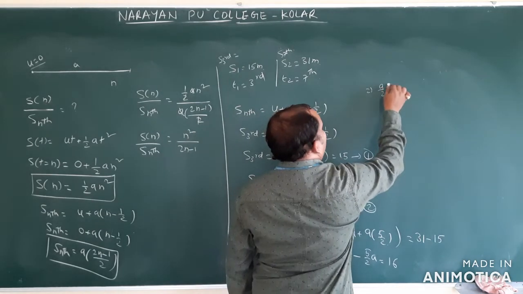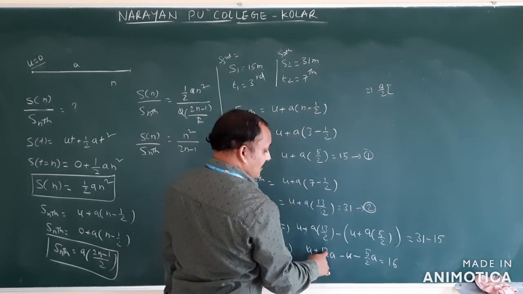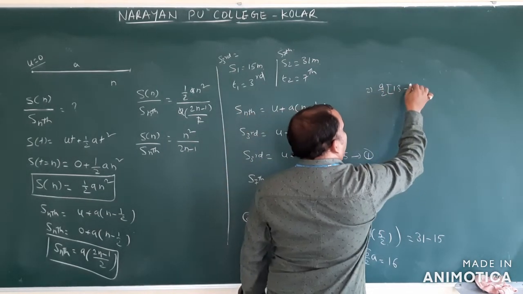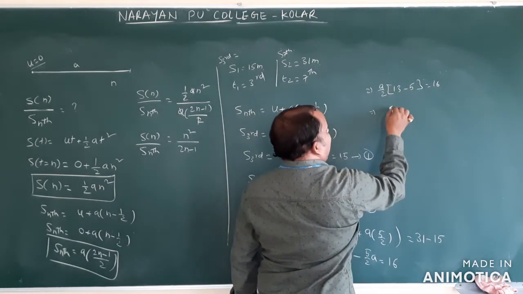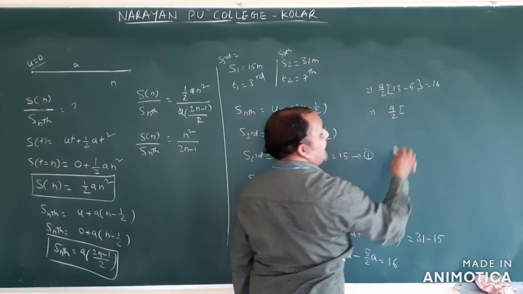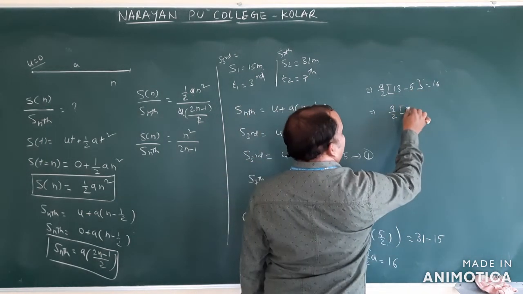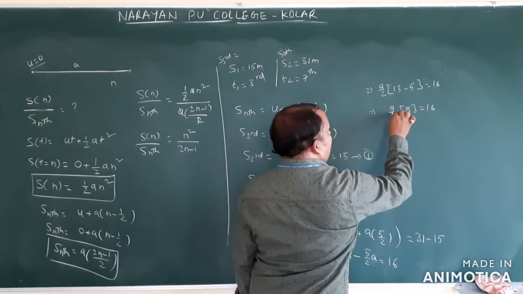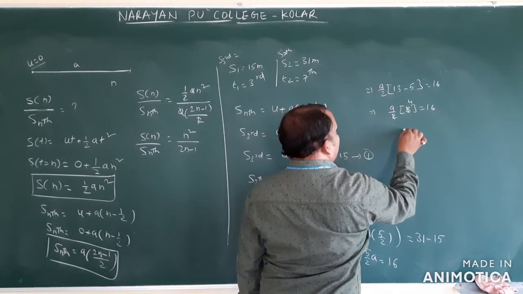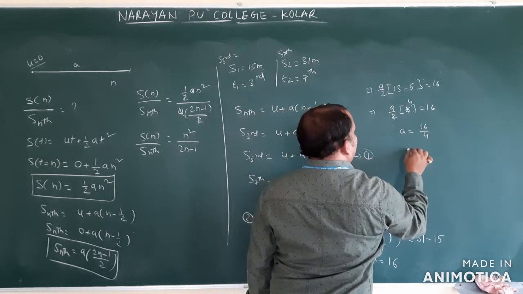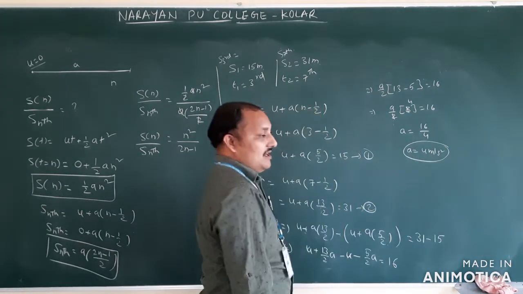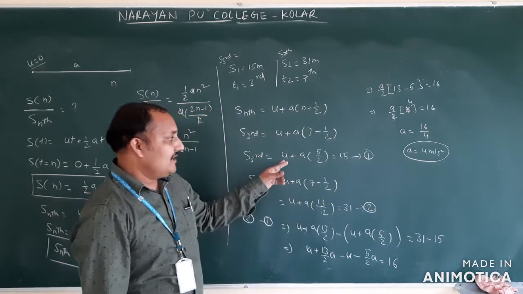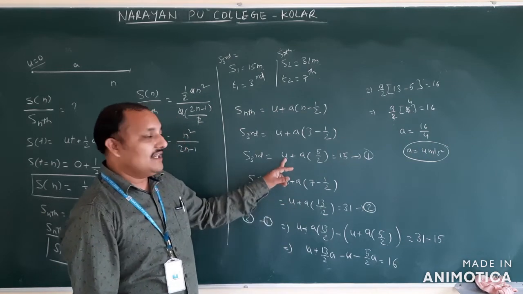Taking A by 2 common, we have 13 minus 5 is equal to 16. This implies A by 2 times 8, which is 4 times A, so A is equal to 16 by 4, A is equal to 4 meters per second squared. You got A. Now substitute this A in either 1 or 2, then you will get U.